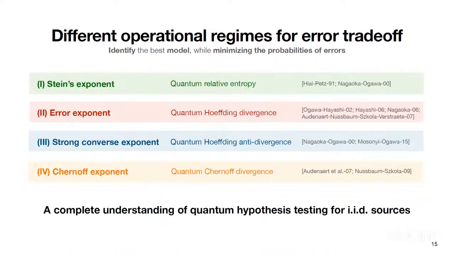And we can also list a table here. The Stein exponent is precisely characterized by quantum relative entropy, the Hoeffding exponent by the Hoeffding divergence, the strong converse exponent by the anti-divergence, and the Chernoff exponent by the Chernoff divergence. So this gives us a complete understanding of what happens for quantum hypothesis testing if we have the IID source. These are the existing results.